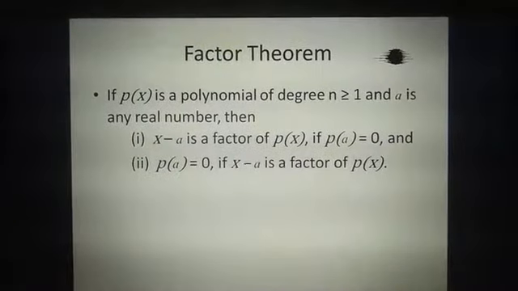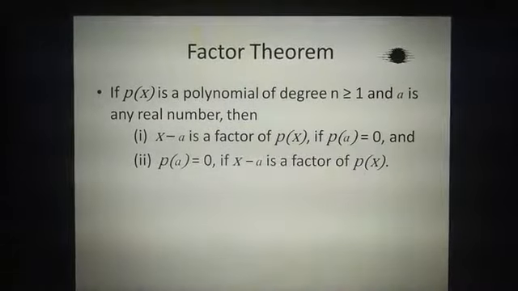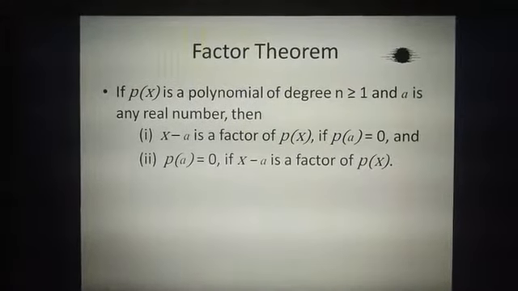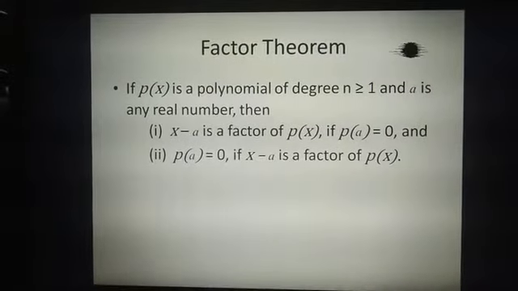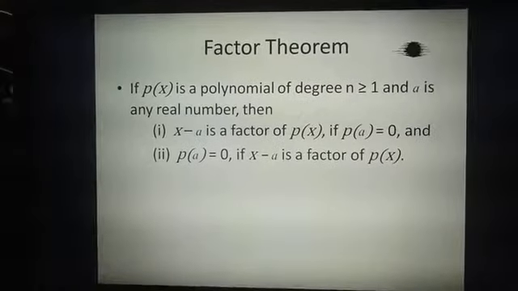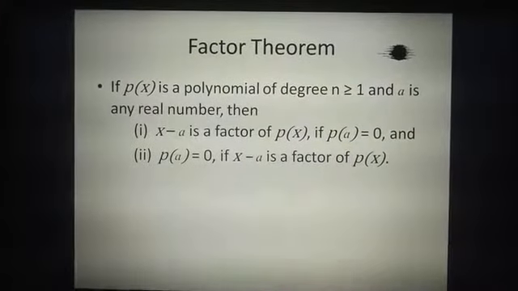Very simple thing, vice versa condition. If x minus a is a factor, then p of a is equal to 0. If p of a is equal to 0, then x minus a is a factor.